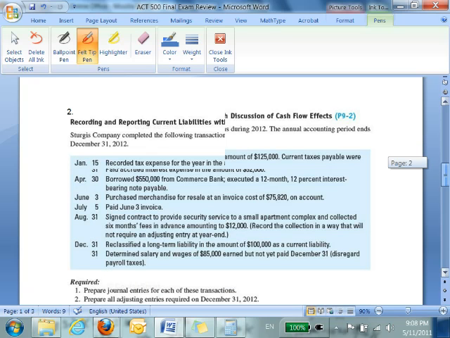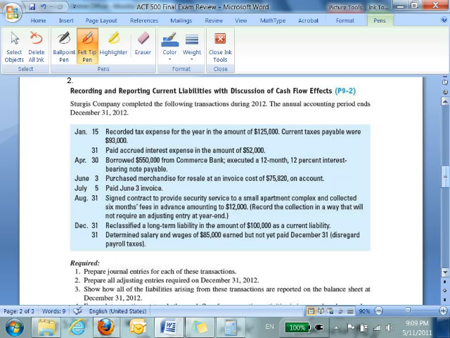Problem 2 is recording and reporting current liabilities with discussion of the cash flow effects. Sturgis Company completed the following transactions during 2012. The annual accounting period ends December 31st, 2012. January 15th, recorded tax expense for the year in the amount of $125,000.